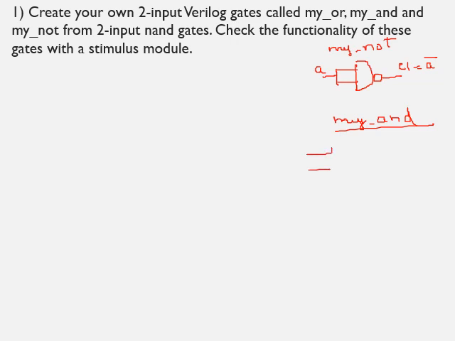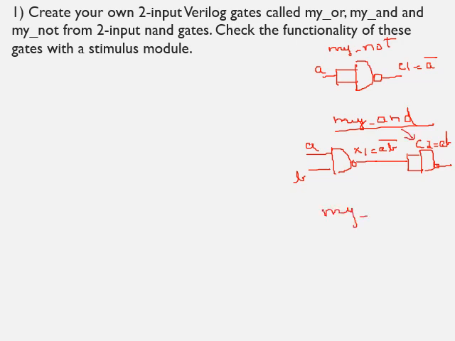I will take one NAND gate to which I give two inputs A and B. So this will be, let me take the output as x1, A dot B whole bar. If you pass this through an inverter, then the output will be C2 equal to A dot B. So this is nothing but my AND gate.